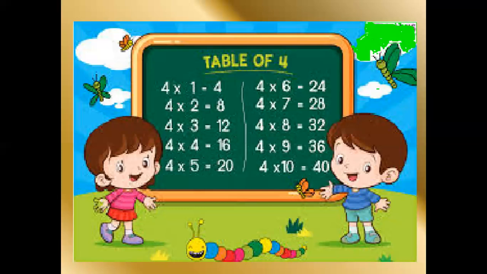But take that notebook and go into your room alone, and then read loudly. 4 1s are 4, 4 2s are 8, 4 3s are 12, 4 4s are 16, 4 5s are 20, 4 6s are 24, 4 7s are 28, 4 8s are 32, 4 9s are 36, 4 10s are 40. In this way, you can learn more quickly.